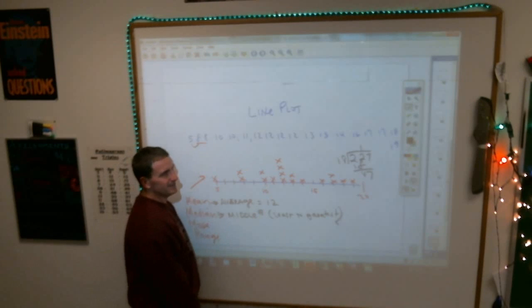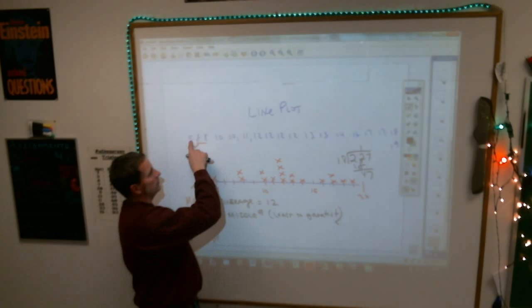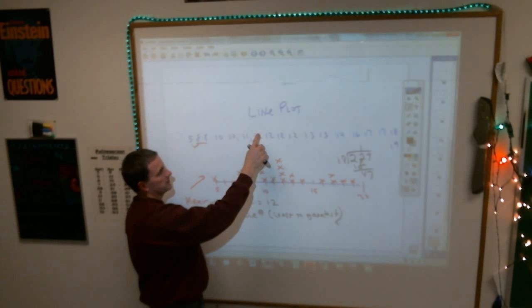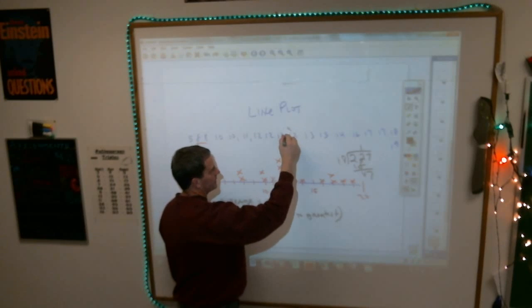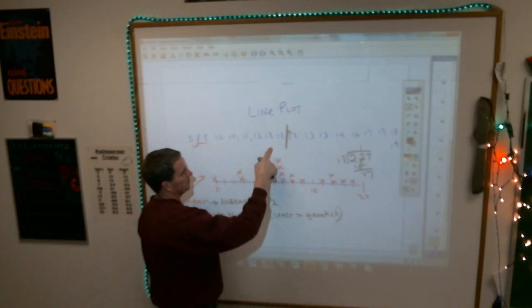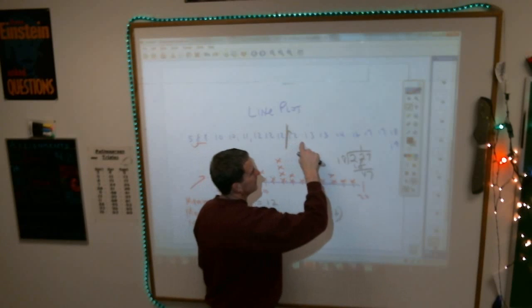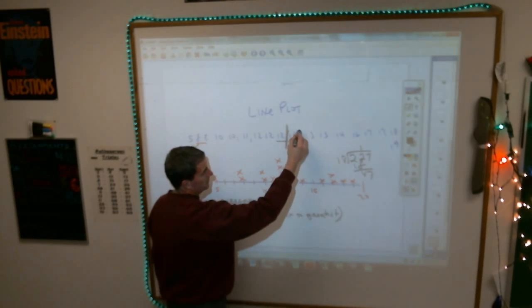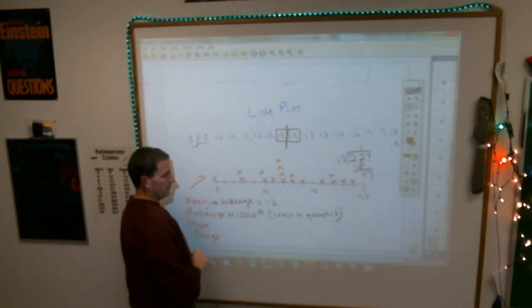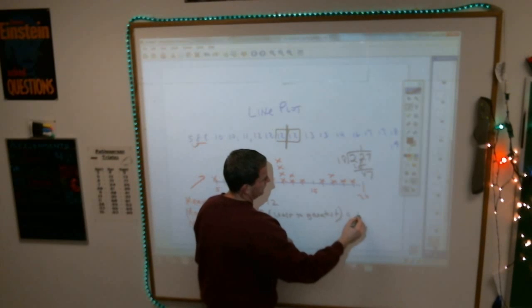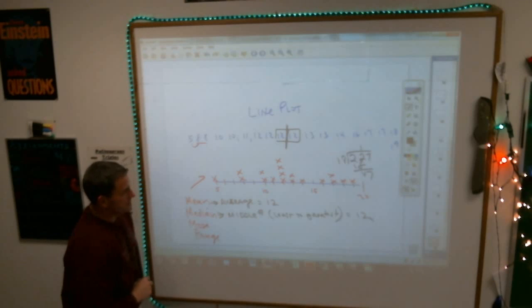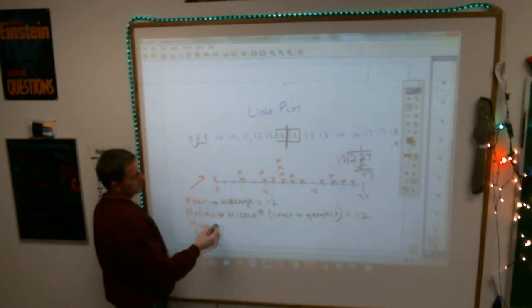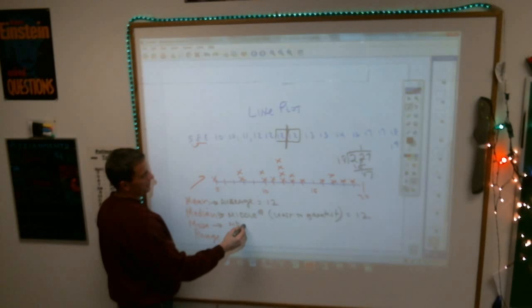Well, if there were 18 numbers, where's the middle of 18? 1, 2, 3, 4, 5, 6, 7, 8, 9. Actually, it's right here. There should be 9 numbers this way, 9 numbers that way. So in this case, because these two in the middle are the same, the middle number is 12.